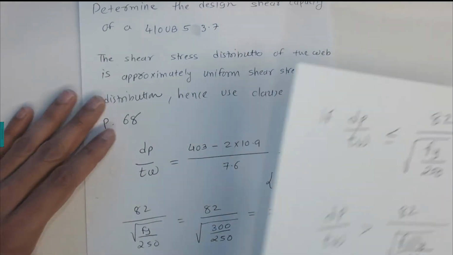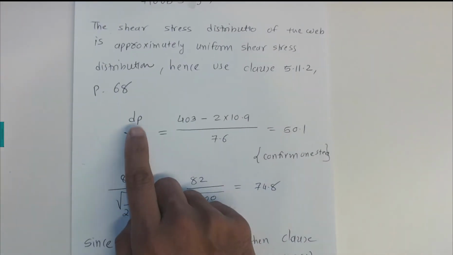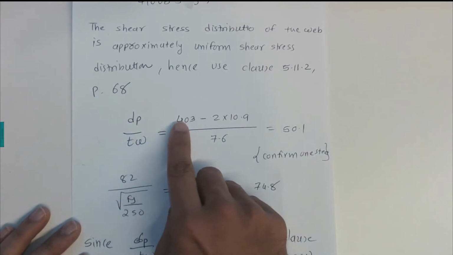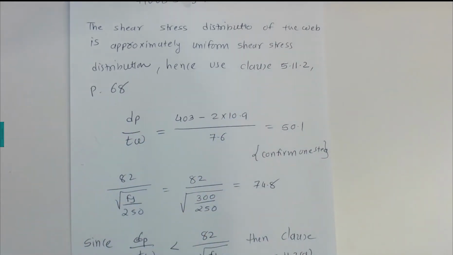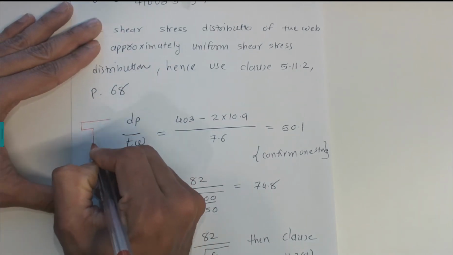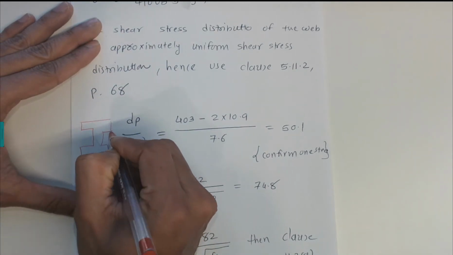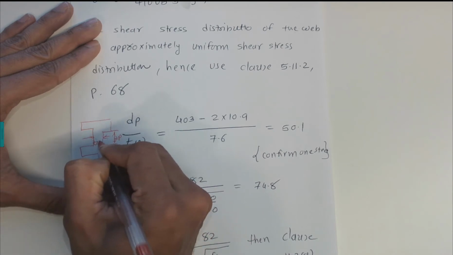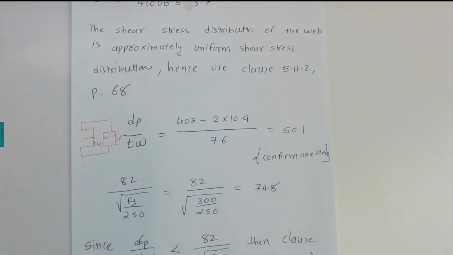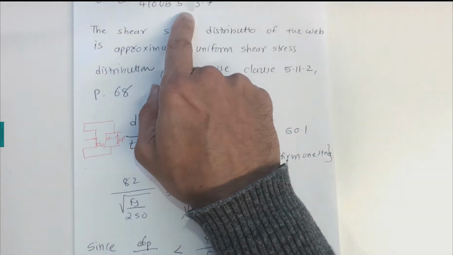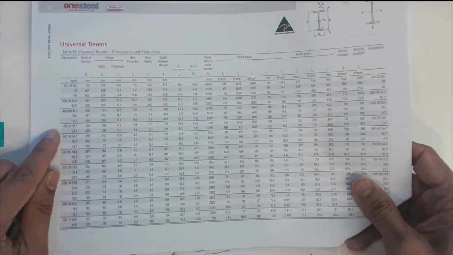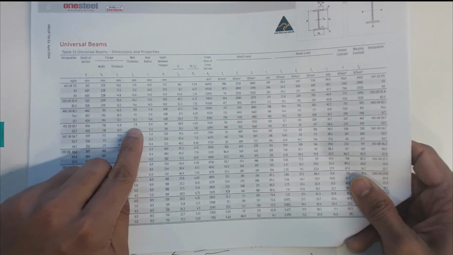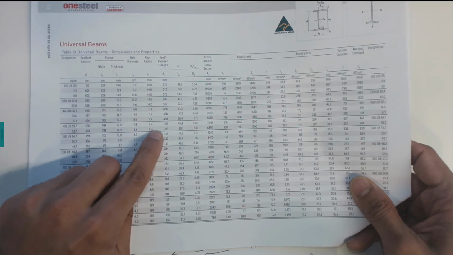First of all, we are going to make the check. The left hand side, dp on tw, is the depth of the web. For example, for an I-beam, this is dp and this is tw. We can get it from the One Steel tables. For the 410 UB 53.7, the depth of the web is given as d1, which is 381.